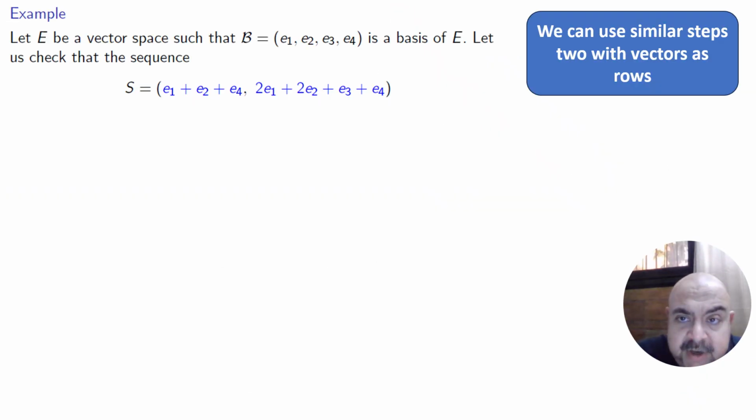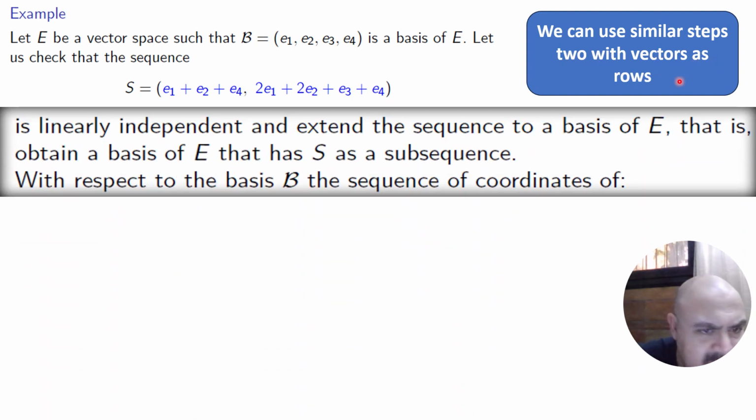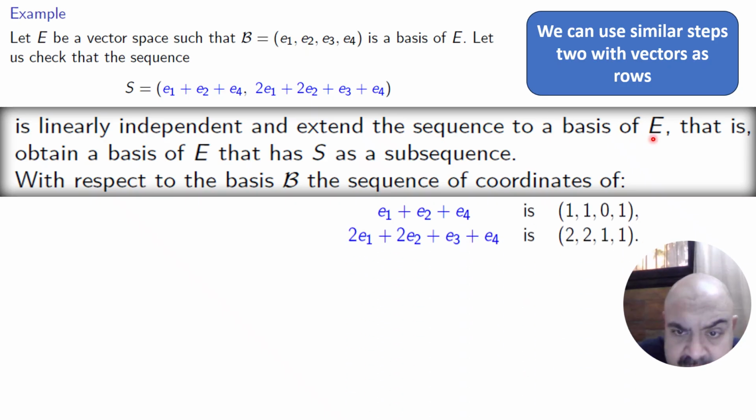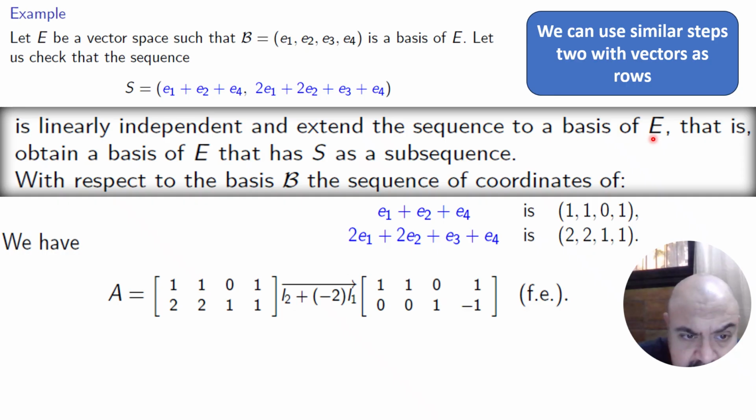In a similar manner, if I want to use the vectors as rows, it's exactly the same. It's linearly independent, extending the sequence to E. I can use other vectors if you like. These are my 2 vectors. I'm going to put them in a matrix to check the independence. Yes, it's with rank 2, so they are linearly independent.